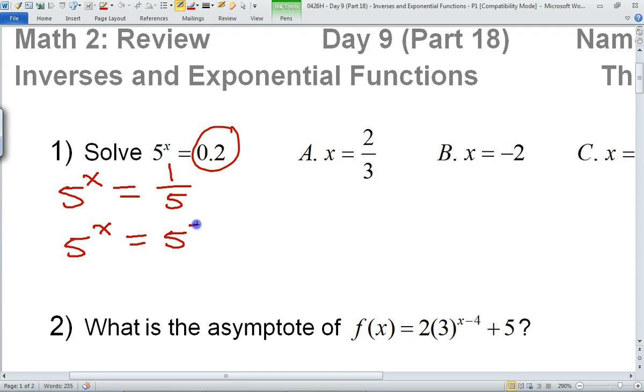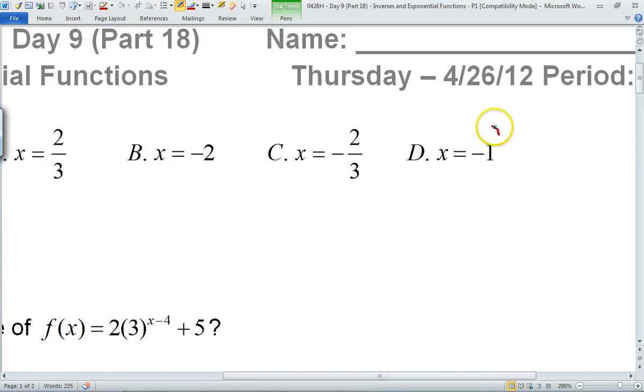Right, 1/5 is the same thing as 5 to the -1 power, which means x equals -1. Now that is the quickest and most accurate way of solving the problem, if you know how to do it. Okay? So x is -1, so looking at our choices here, that means the answer is D.